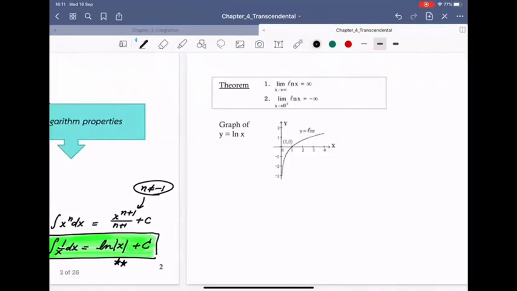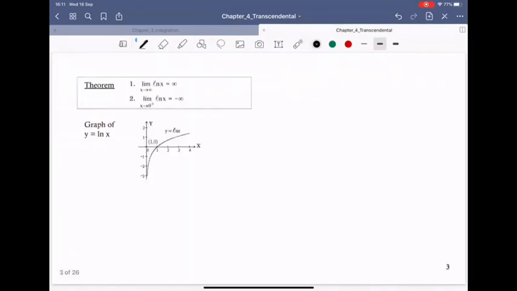If you graph log x, this is the graph of log x that you need to memorize. Another definition of y equal to log x, you can prove it actually, is the inverse of e to the x. So the graph of log x is going to be that one.